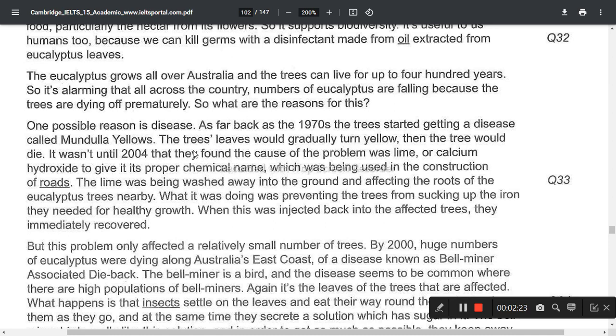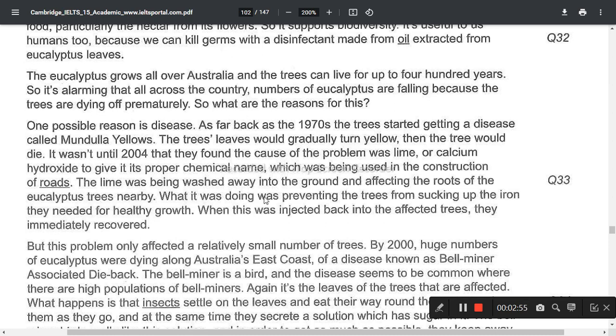It wasn't until 2004 that they found the cause of the problem was lime, or calcium hydroxide to give it its proper chemical name, which was being used in the construction of roads. The lime was being washed away into the ground and affected the roots of the eucalyptus trees nearby.